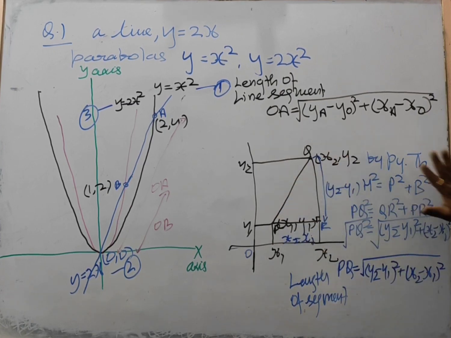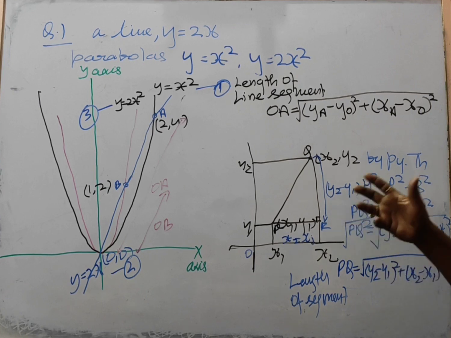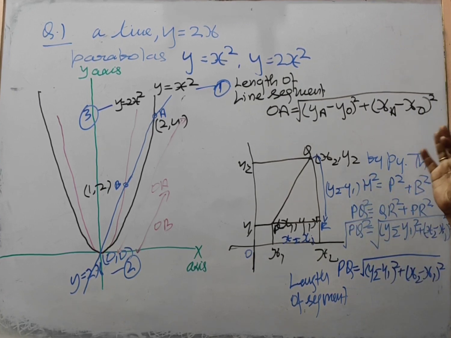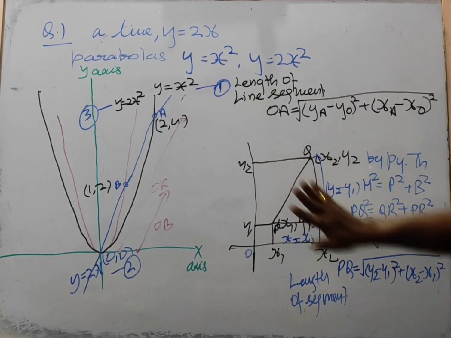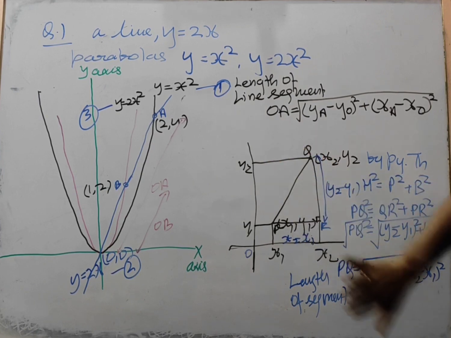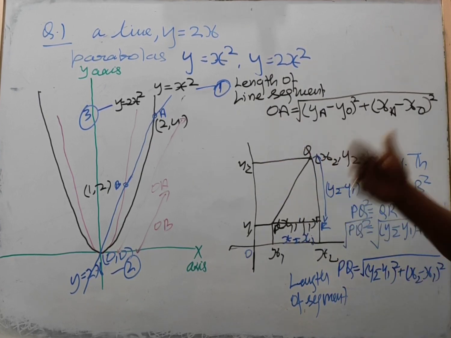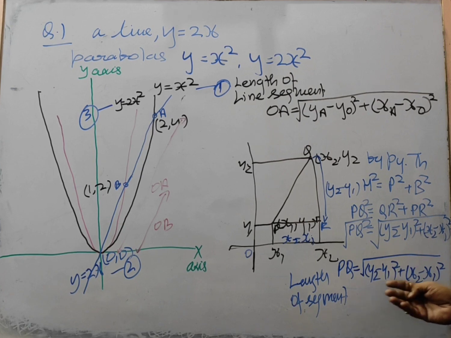Should I rub this? You just take a screenshot of that. You just keep it, we'll discuss it later. Here we are going to solve the problem first. You just remember that the length of the segment PQ is equal to square root of (y2 minus y1) whole square plus (x2 minus x1) whole square.